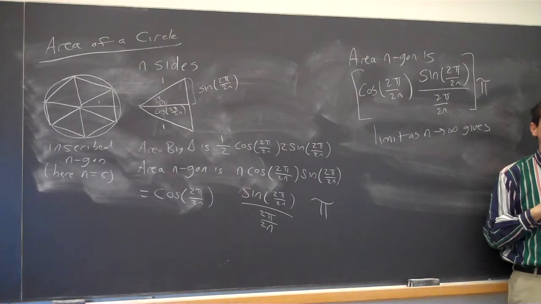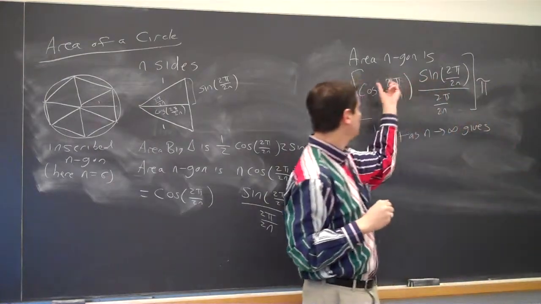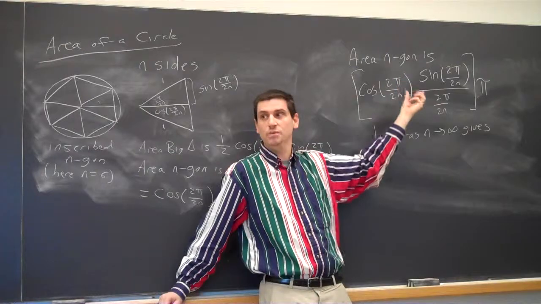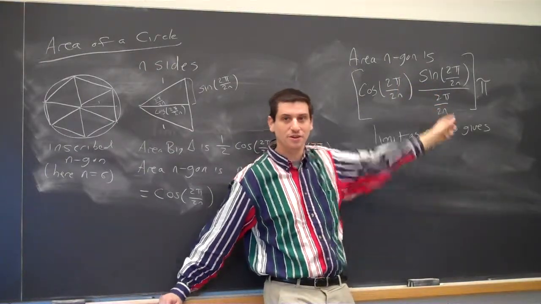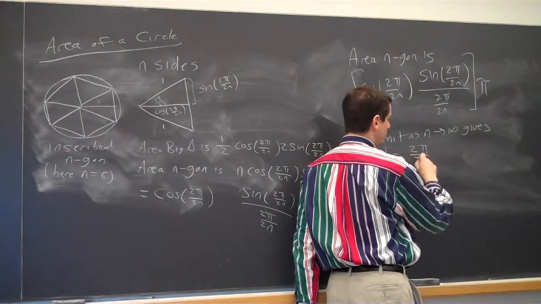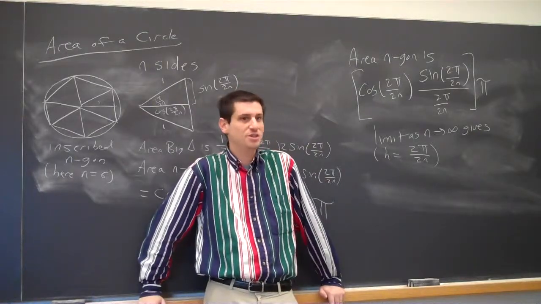This part was no problem. Cosine of 2 pi over 2n goes to cosine of 0, which is just 1. This looks like the sine of h over h, right? It's like h equals 2 pi over 2n. What is the limit as h goes to 0 of sine of h over h?